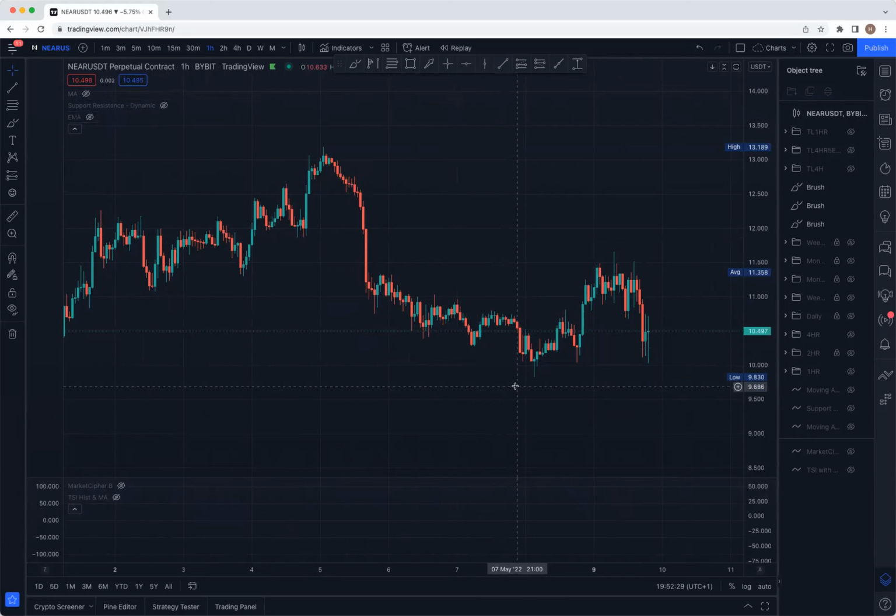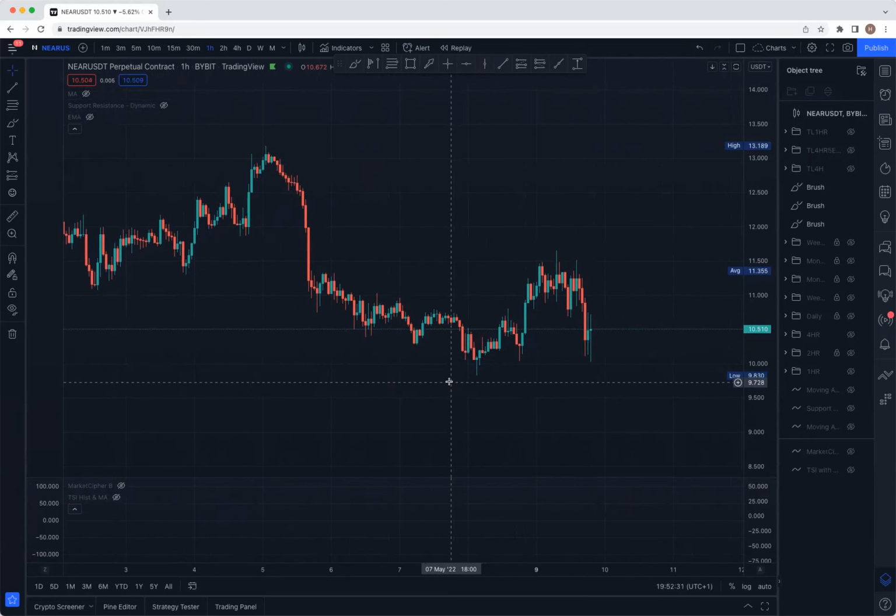Now, when we say support and resistance, these are price levels which price fails to go beyond. When we say resistance, for example, it is a level at a point in time that price was unable to go beyond.